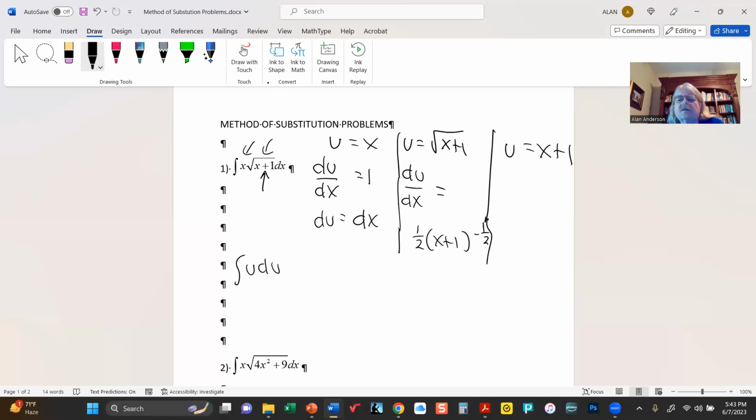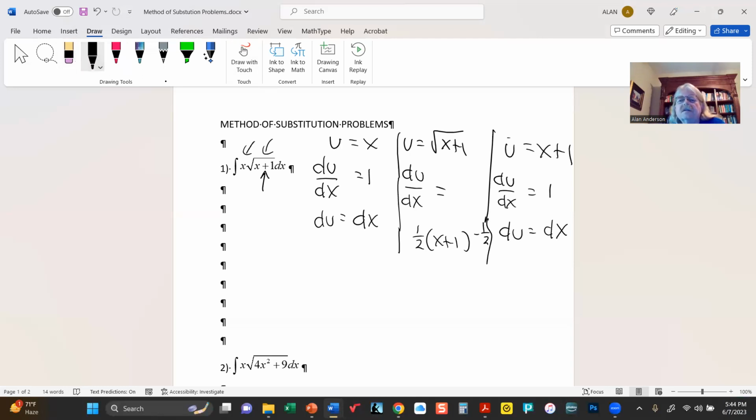Now, this is the interesting one. If we let u equal x plus 1, du dx is just 1, so that du equals dx. So you might say, well, that doesn't look right either. Well, let's see.